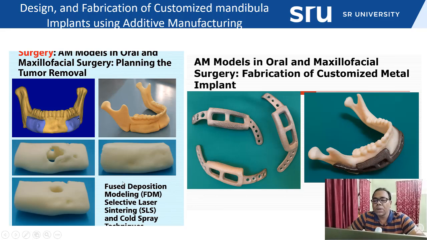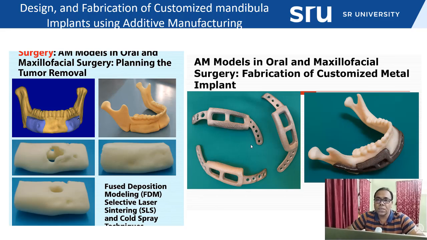Similarly, coming to the right side design, you can see that there are different types of implants. As per the requirement, the implant can be designed. It can be made from PEEK material, or it can be made from a metallic material, so that it has proper strength and hardness.